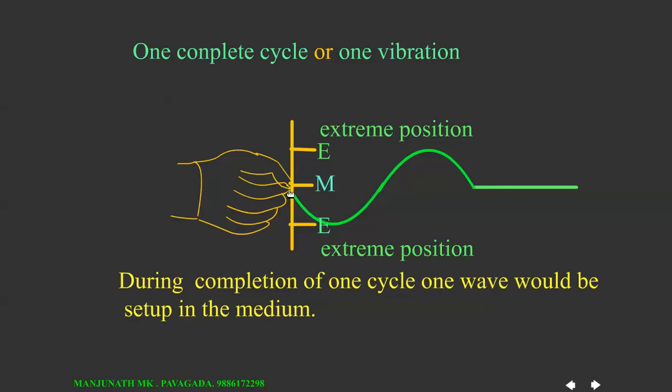During one complete cycle, one trough is formed, one crest is formed. This one trough and crest is known as one wave. So for every one vibration, one wave is formed. Therefore, number of cycles or number of vibrations is equal to number of waves generated in the medium.